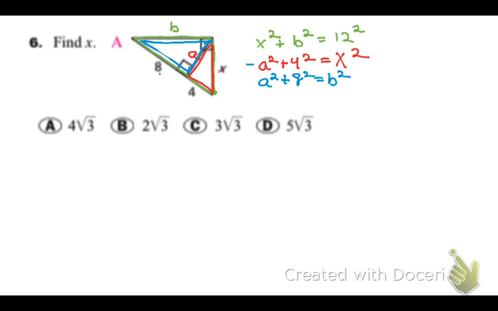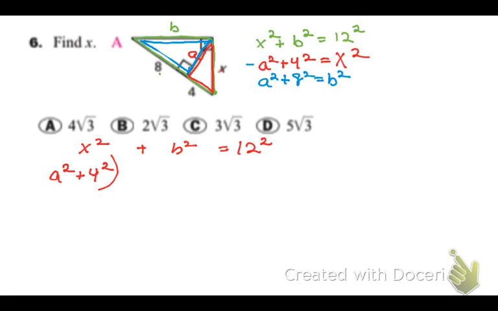So we have x squared. Okay, I'm going to change colors here so it's understandable. Okay, x squared is equal to a squared plus 4 squared. Remember, the big one was x squared plus b squared equals 12 squared.